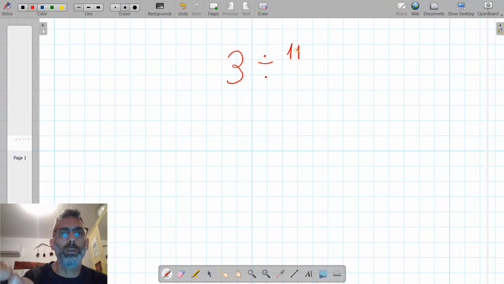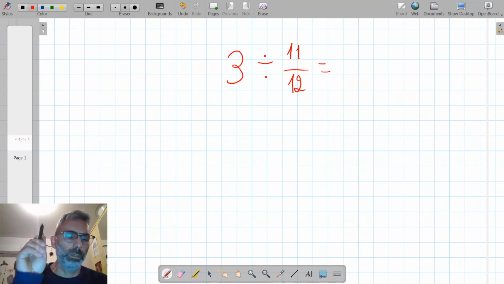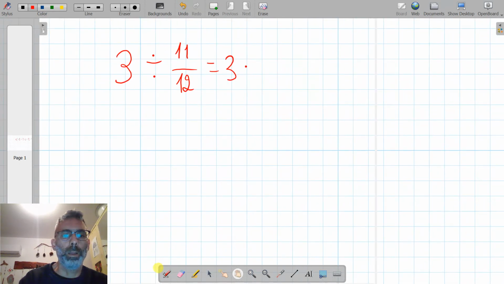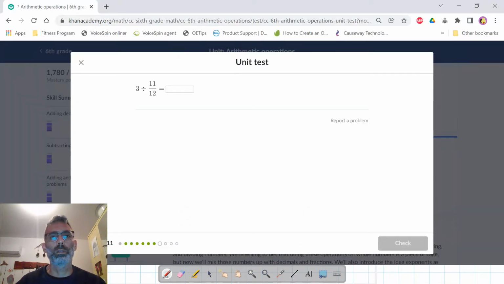Divided by 11 over 12. I start with 3 multiplied by the reciprocal. Okay, this can be simplified. 3 divided by 3 is 1. 12 divided by 3 is 4. So this is 4 over 11.